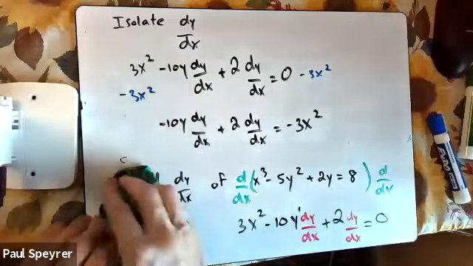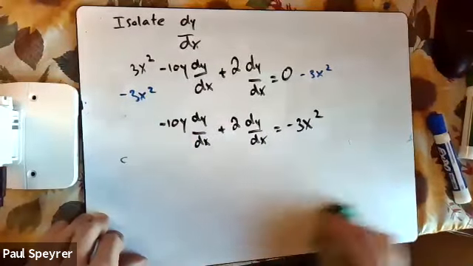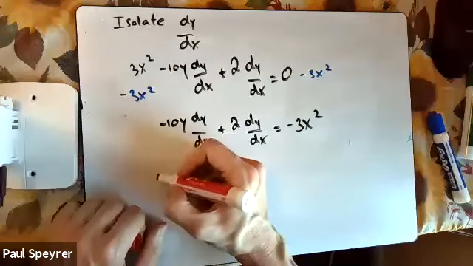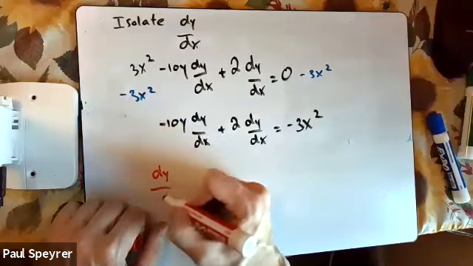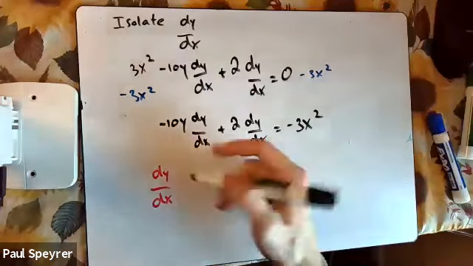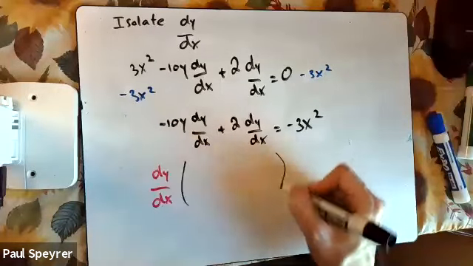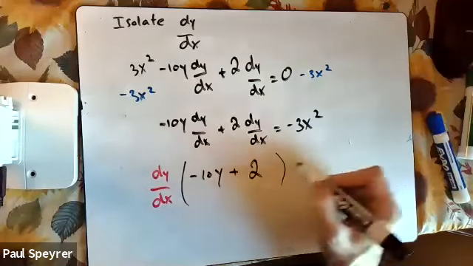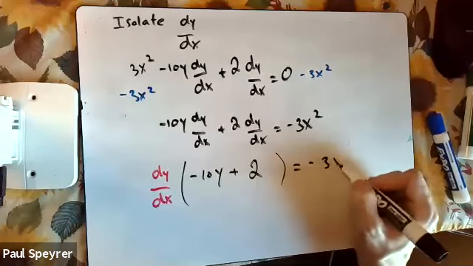Since they both have a dy/dx in common, that's the GCF, right? So we can actually take out a dy/dx, or factor out dy/dx. If you factor out a dy/dx from the left side, what's left over? Negative 10y plus 2, and that equals negative 3x squared.